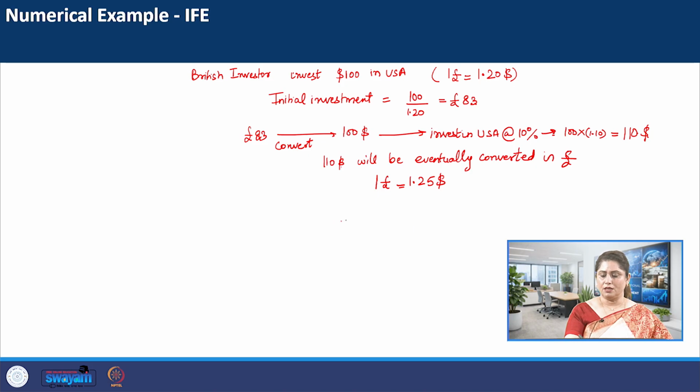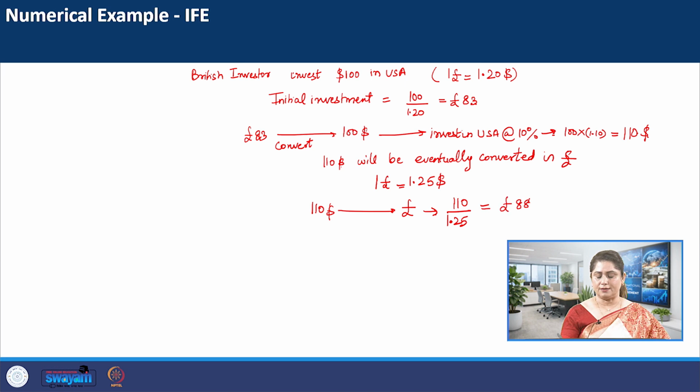So we have to convert the gain or the amount he has got in USA to pounds. To convert it, we are going to divide 110 by 1.25, and this gives us a value of 88 pounds.